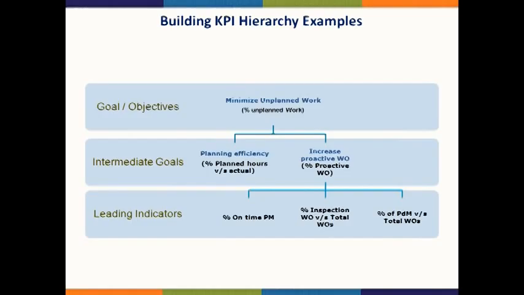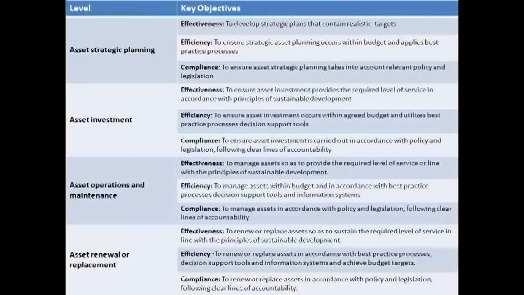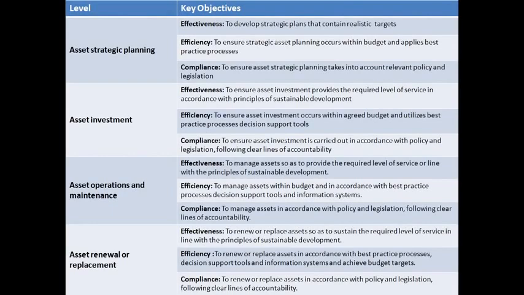Depending on the maturity of the organization, these levels may change. Some other examples for strategic planning, of course, all of these have effectiveness, efficiency, compliance, so you may group the KPIs in those fashions also. If you are making some new investments, you may have some KPIs related to some of those aspects also.